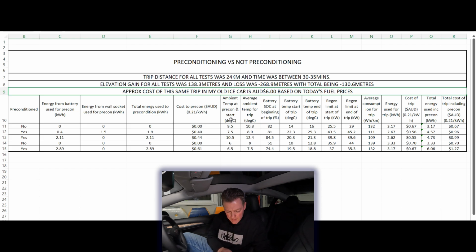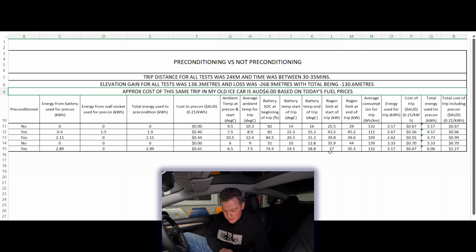I've also got the ambient temp at preconditioning, the average ambient temperature for the trip during the drive. I've done battery state of charge at the beginning of the trip, battery temp at the start of the trip, battery temp at the end of the trip, so you can see how much the battery heated up over that approximately half an hour trip.